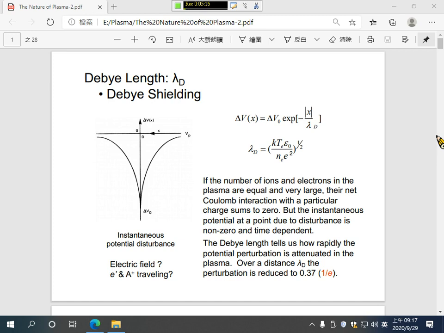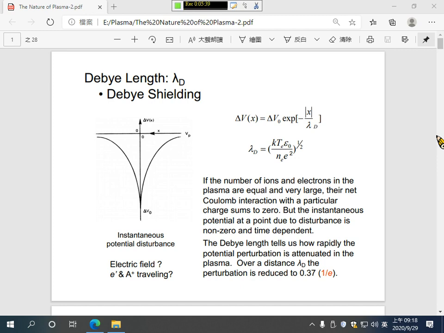In that case, those electrons and ions are considered free. They are free electrons inside the plasma, and the ions also can travel freely without being attracted by this individual electron.